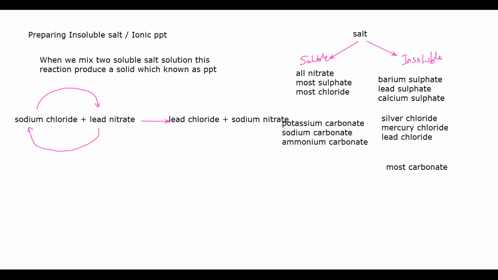I'll write the equation again to explain the idea. Here we have sodium chloride. It reacted, and this will result in a formation of lead chloride plus sodium nitrate. Now we will write the state symbols.